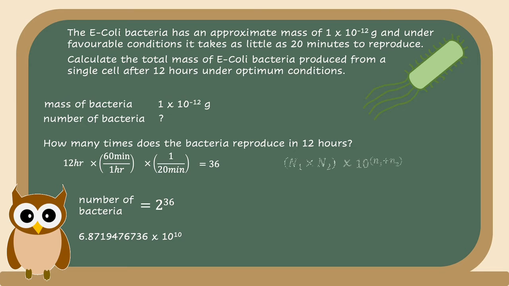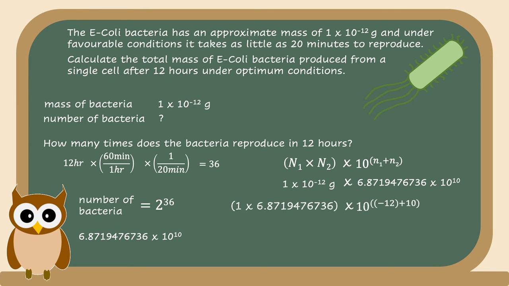So now we have our two numbers. We can go and multiply them out using the aforementioned method. 1 times 10 to the power of minus 12 multiplied by 6.87 times 10 to the power of 10. The coefficients first is quite simple, as we are multiplying by 1, and then the exponents are added together.